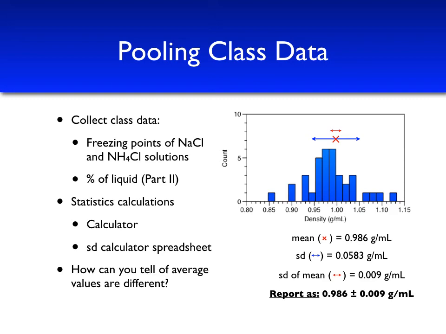In the picture on the right is a histogram of density data collected from experiment 2 from Gen Chem 1 lab. The red X represents the average in the data. In order to analyze our data, we want to take into account both the average value and the spread in the data.